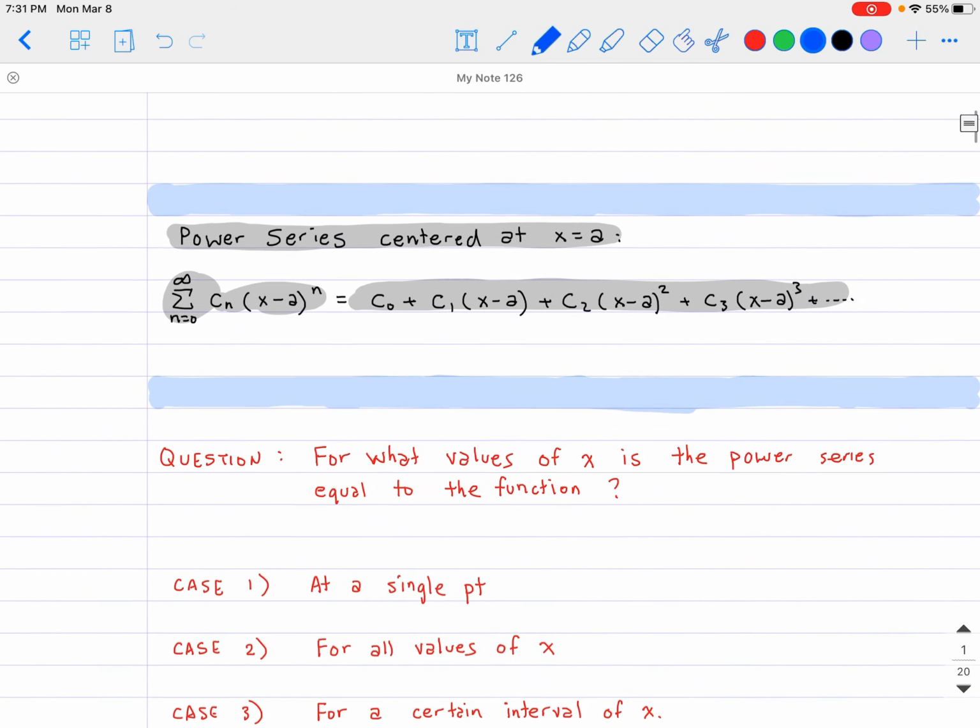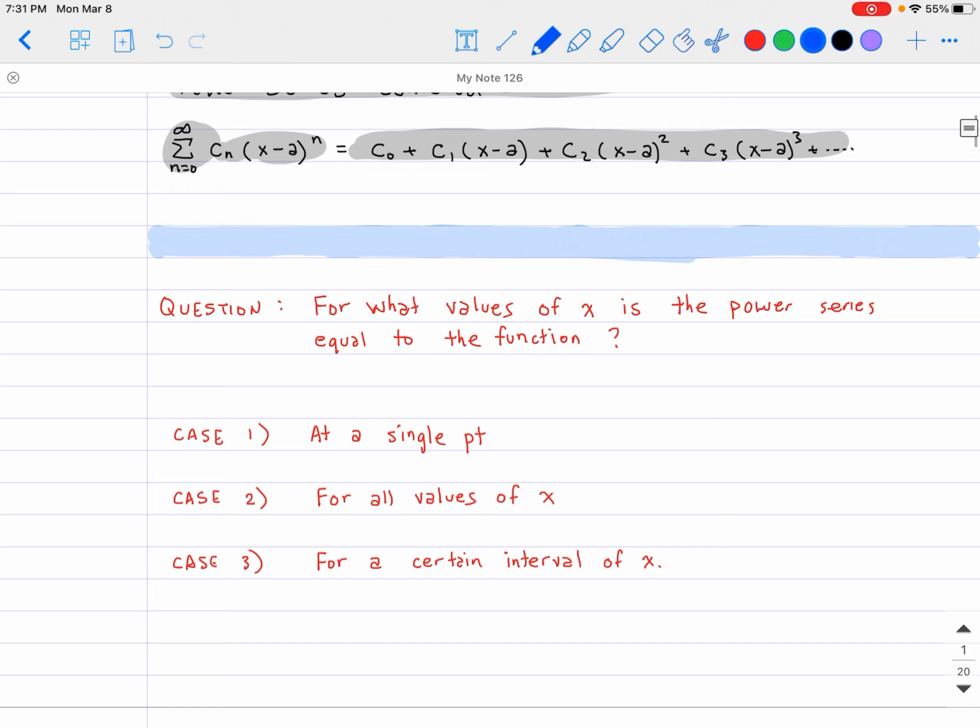So the question is, if I take any function and write it as a power series, how do I know for what values of x it is going to be convergent? How do I know the two are going to be identical for what values of x? There are a total of 3 cases that we have to consider. Case number 1 is that it only works at a single point. It doesn't really do too much in that case, but sometimes it does happen.